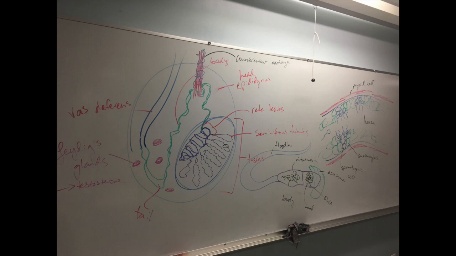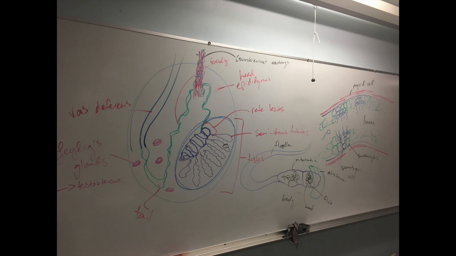This is the last thing I'm going to talk about. Sperm are pretty simple in their structure. They consist of a head. They have a body right here. And then they have a tail that's made out of a flagella.